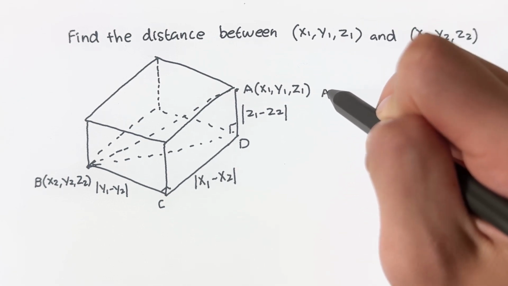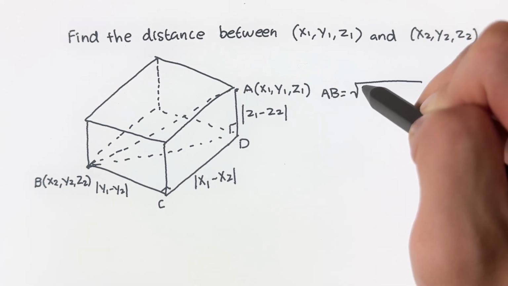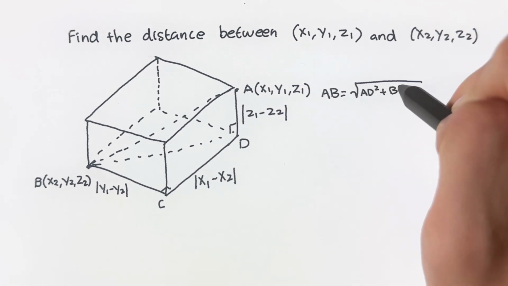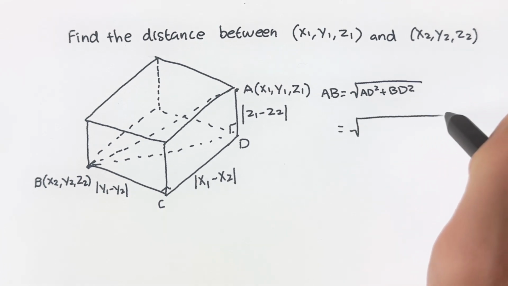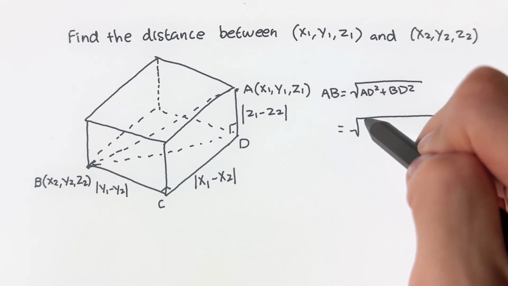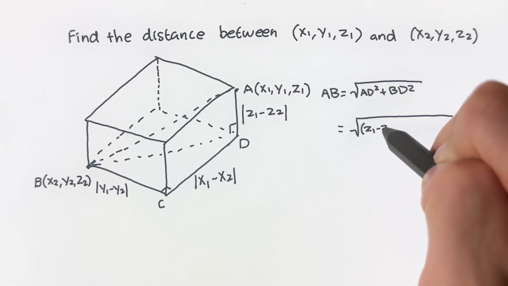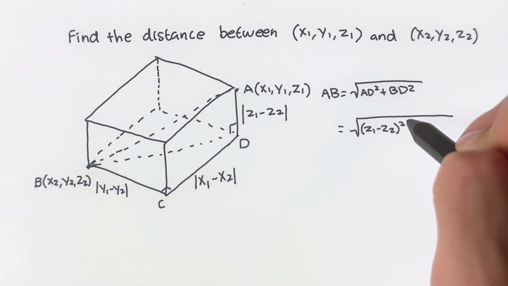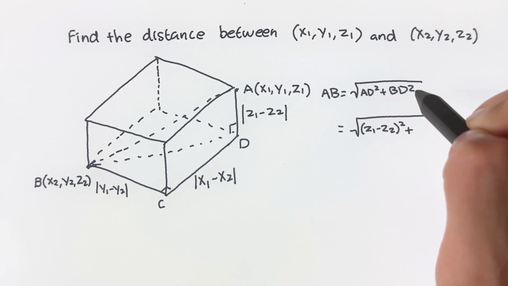So, AB equals the square root of AD squared plus BD squared. So, this will equal the square root of z1 minus z2 squared. We remove the absolute value because perfect squares are always positive. So, plus BD squared.